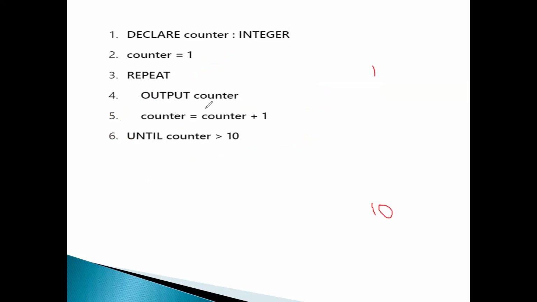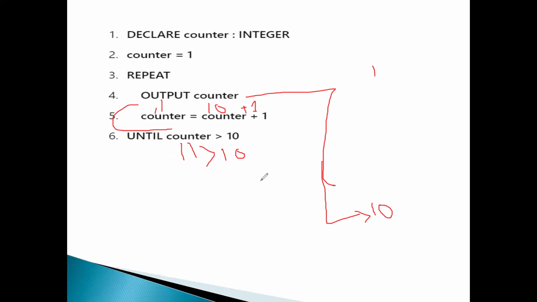When the counter becomes 11, because 10 will be printed on the screen, now 10 plus 1, the counter value is 11. Here you will check 11 greater than 10. Is this true or false? True.